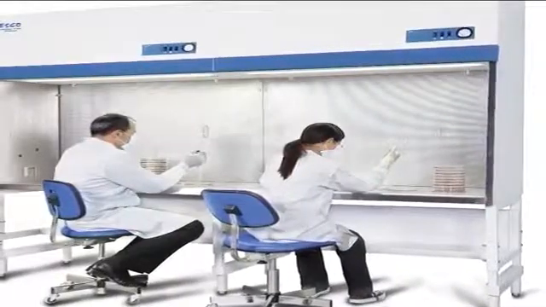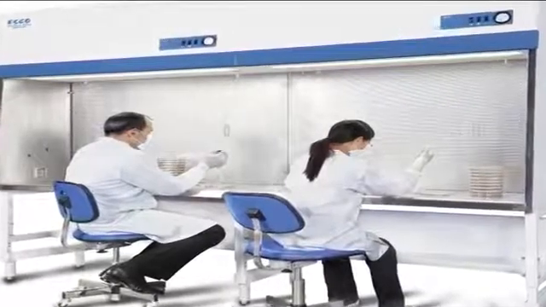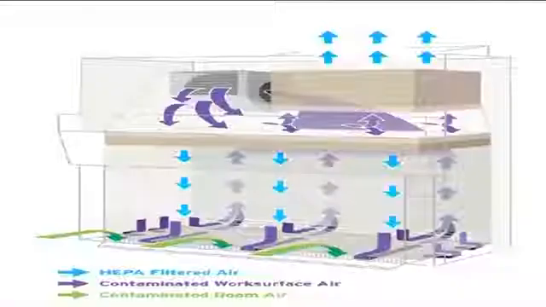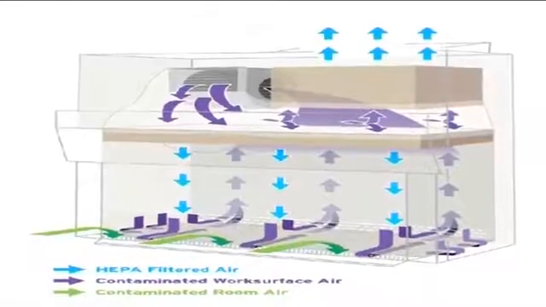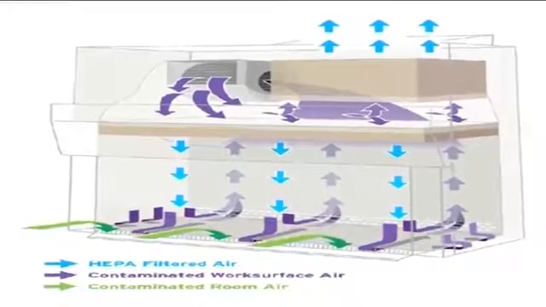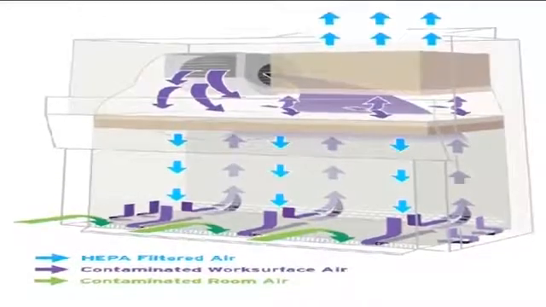Because of these characteristics of laminar airflow, it has participated in clean room and clean bench technology for many decades. In general, the unit consists of a bank of high efficiency particulate air, that is HEPA, filters enclosed in a cabinet or hood.